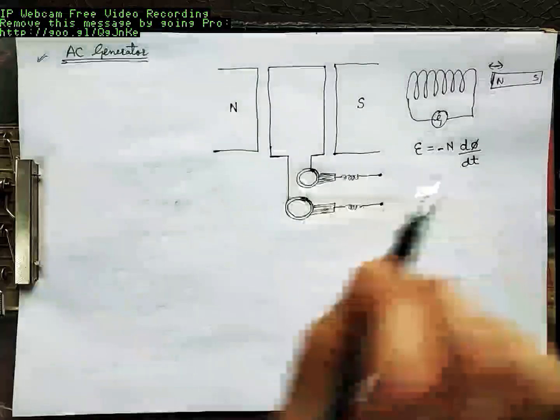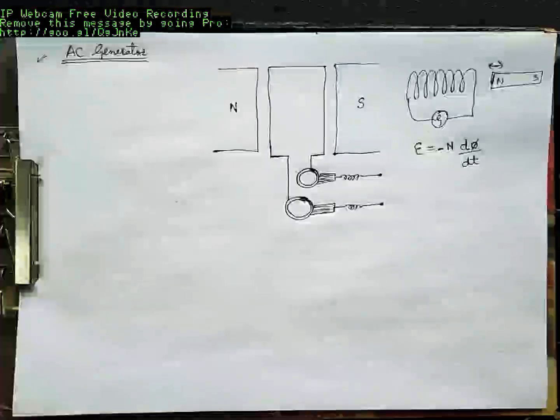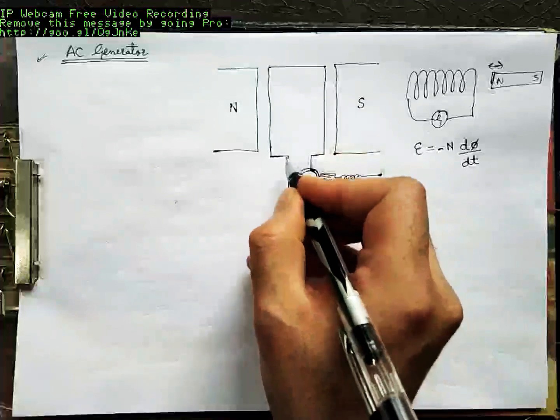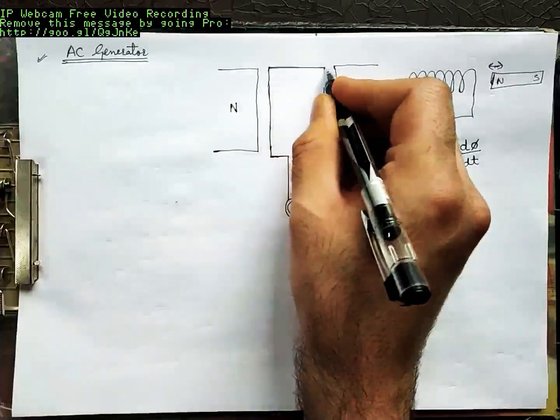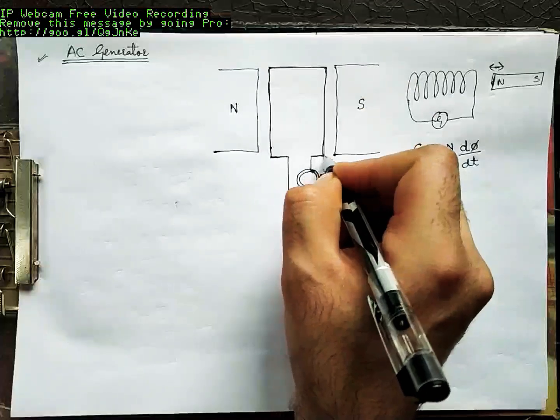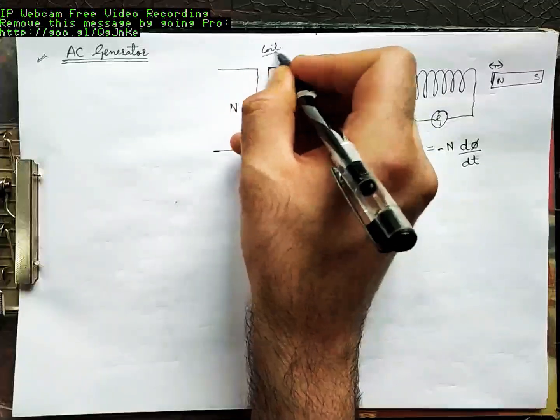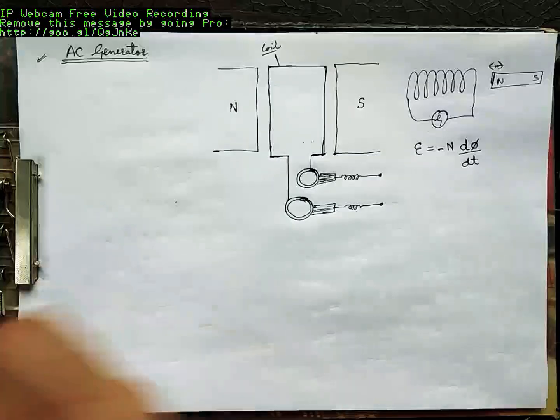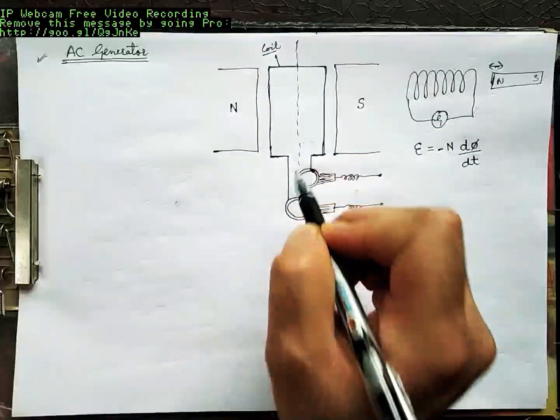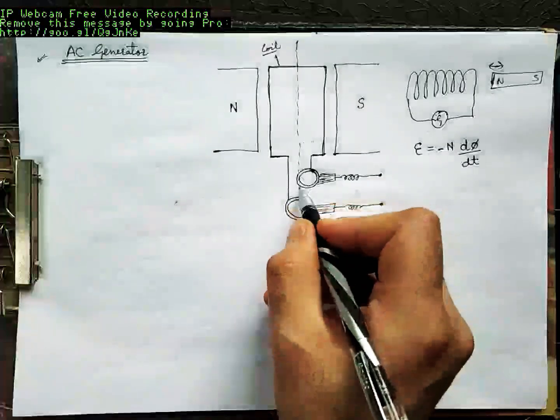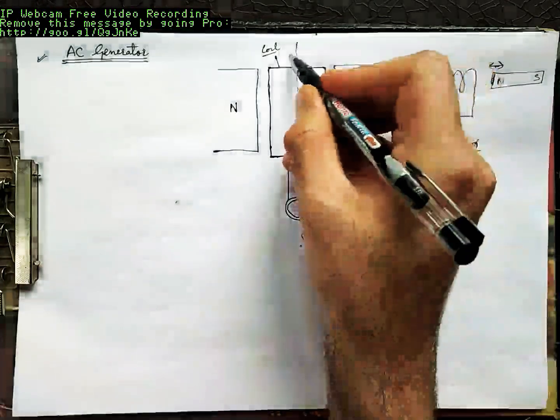I will come to this, don't worry. We have a north pole on this side and a south pole on this side, and we have a loop over here, or a single turn of coil. This is a coil of single turn. Fine. And this coil can be rotated here.